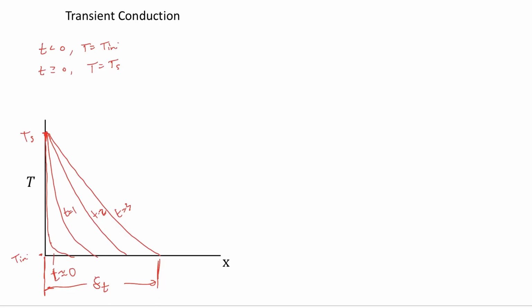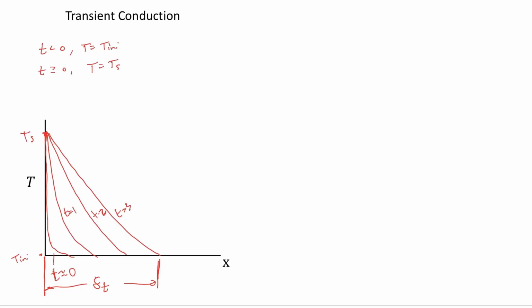Okay, so to come up with an approximate model of how this temperature disturbance behaves as a function of time, let's go back to our toolkit for doing approximate understanding of models like this. So let's look back at a resistance model of this. The goal is to come up with a relationship between this delta t, the depth of thermal penetration, and time.